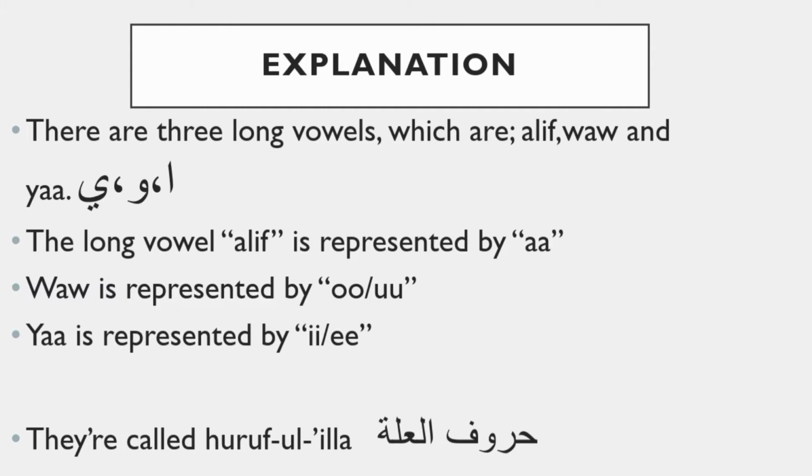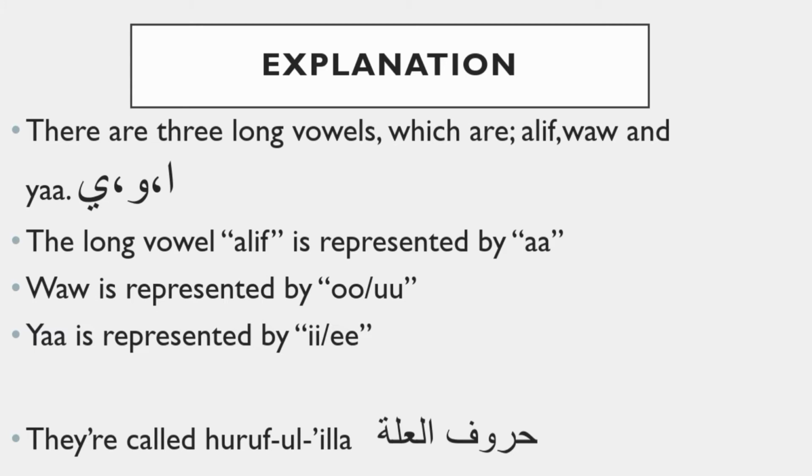So when alif, waw, and ya are written like this without anything on top of them, you say that they are long vowels. So the long vowel alif is represented by double A, that is the transliteration, and it's pronounced as in ah. And then we have waw. Waw is represented by double O or W, and then it is pronounced as ooh.